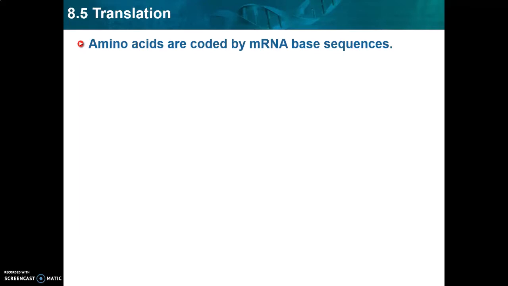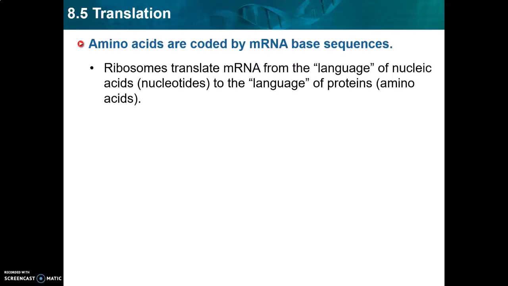Now, the amino acid sequence is what makes a protein the correct protein, and that is coded by the mRNA base sequences. Remember that this process is called translation. Well, what does translation mean in real life? It means you're taking a message in one language and you are converting it into a different language.